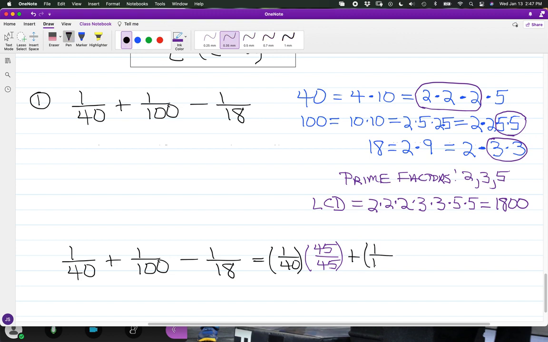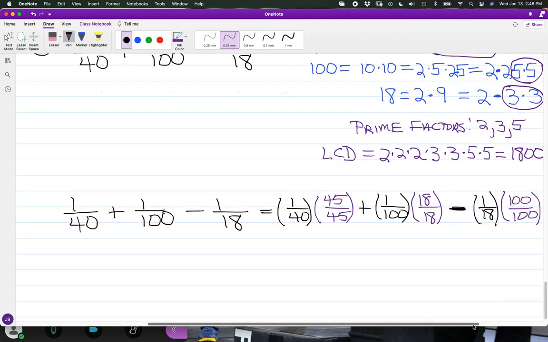As for 1 over 100, 100 will go into 1800 18 times. So the next ratio will be multiplied by 1 in the form of 18 over itself. And we have minus 1/18. And 18 will go into 1800 100 times. Thus you have the last ratio multiplied by 1 in the form of 100 over itself.